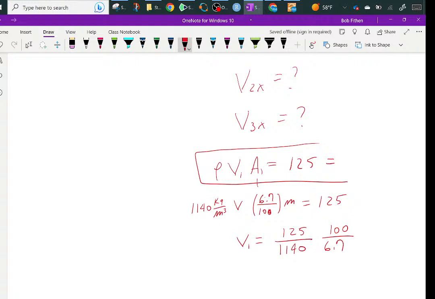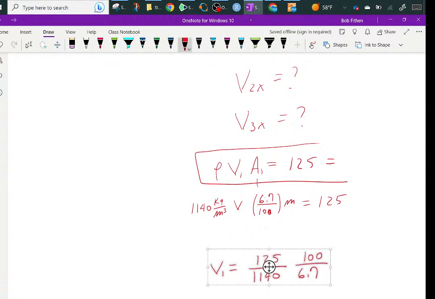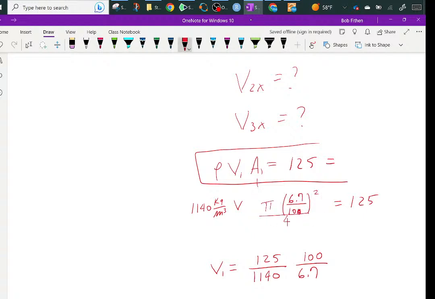Oh, you're correct. Yeah. My brain shut off. Okay, you are correct. Let me slide this down. Maybe I can slide this over. Okay, squared. And then I'll put a pi and then divide by 4. So now I square that.